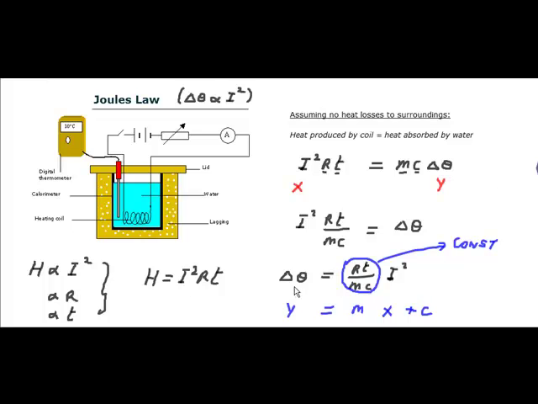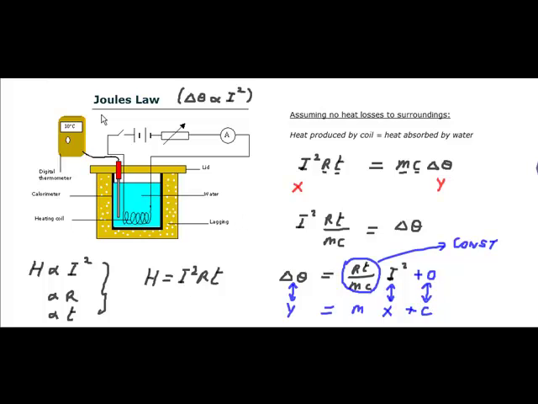So what this means is if we draw a graph of delta theta, that would correspond to our y-axis, and I squared would correspond to our x-axis. And the slope of our graph would then be RT over MC. The plus c is always where it cuts the y-axis, so that means it's plus 0, which means it goes straight through the origin. That's what the 0 means there.